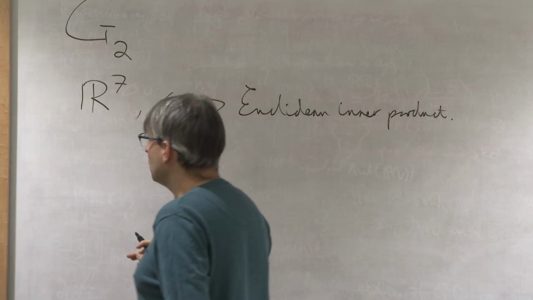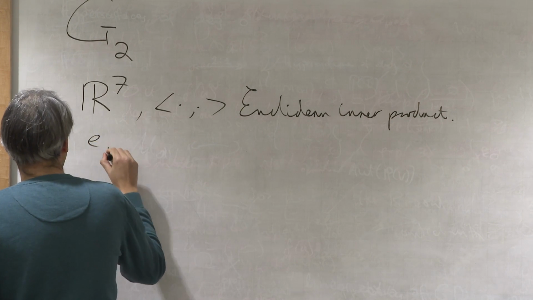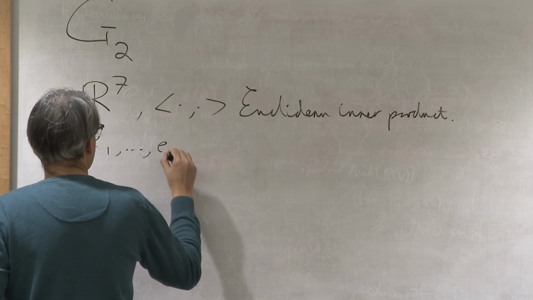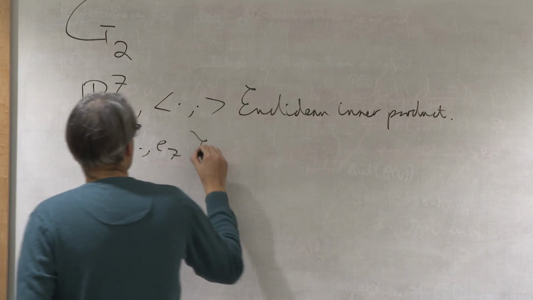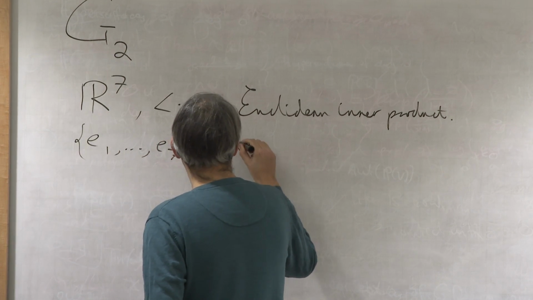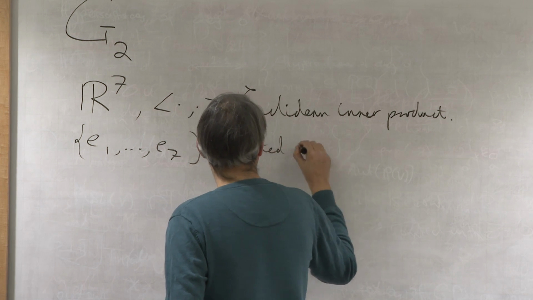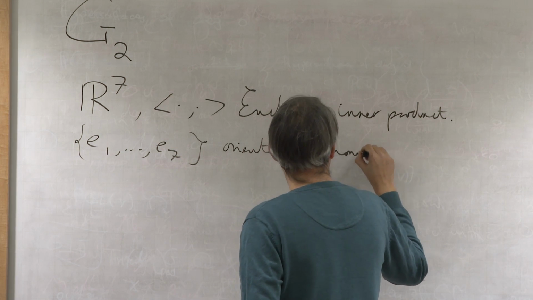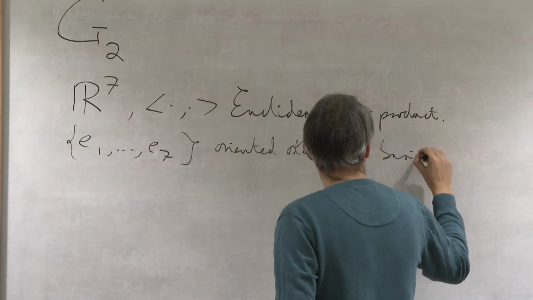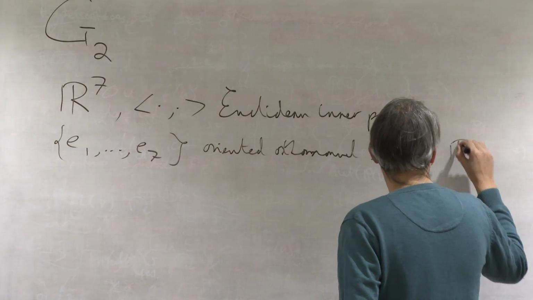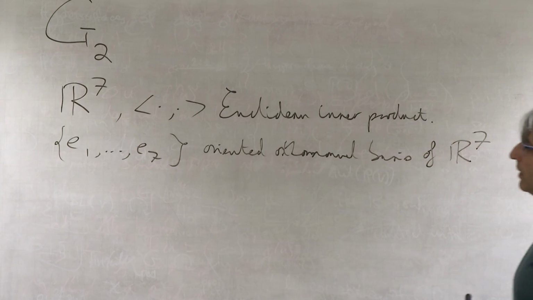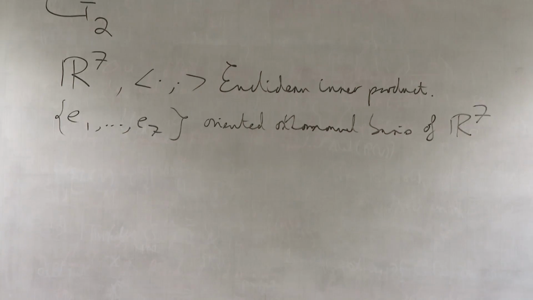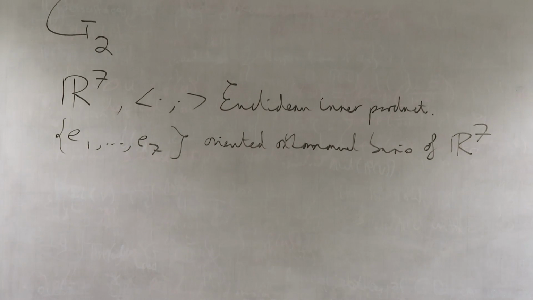and we take E1 up to E7 suggestively to be an oriented orthonormal basis of R7. Now, I've not chosen that notation at random.